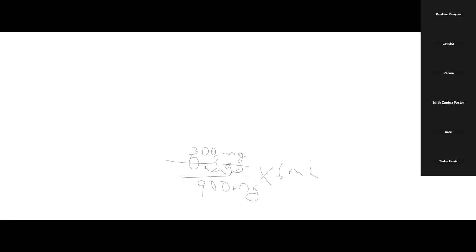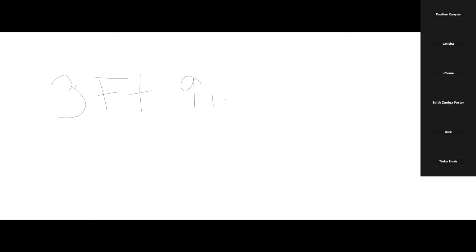Let's say that I'm trying to convert inches to centimeters, and I have a baby that's 3 foot 9 inches tall, and I need to convert it into centimeters. The first thing you have to do is convert this into inches. We know that every foot is 12 inches. So we have 3 foot, 3 foot times 12 should be 48 inches.